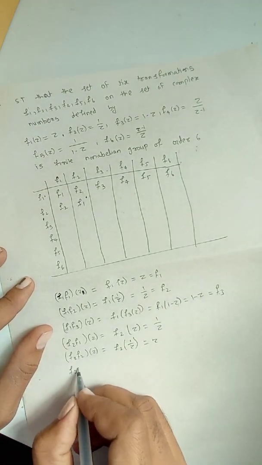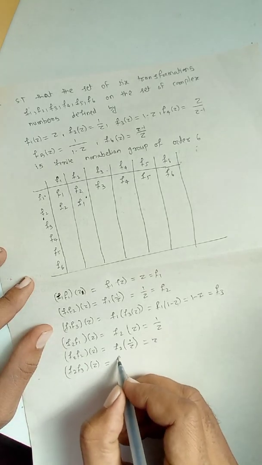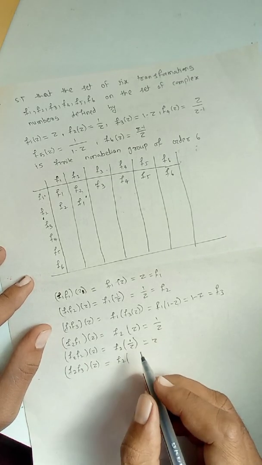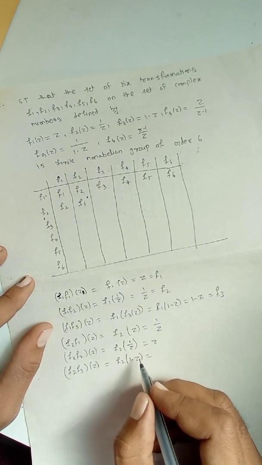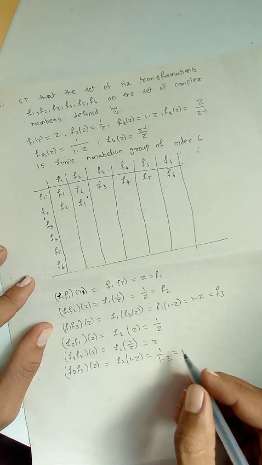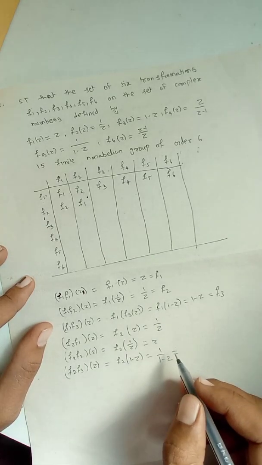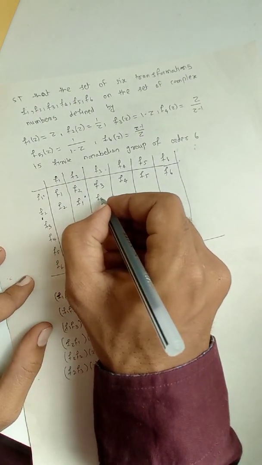Now f2 f3 of z is f2 of 1 minus z, which is equal to 1 by 1 minus z. Which function is that? It is f5, the fifth function.